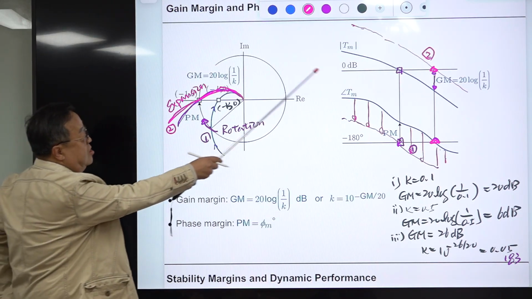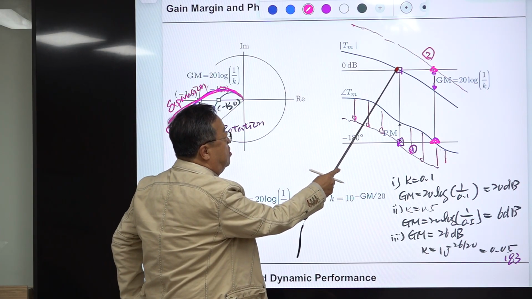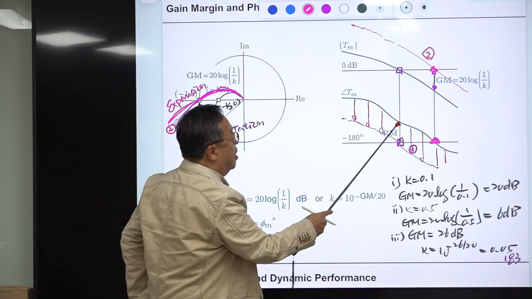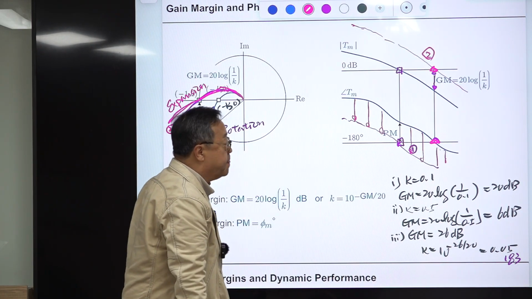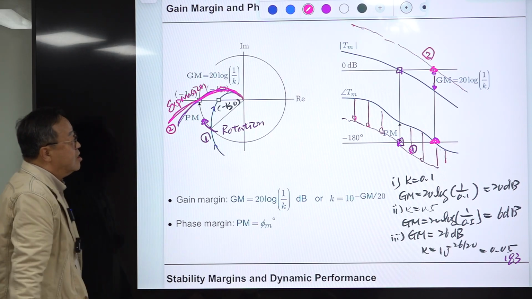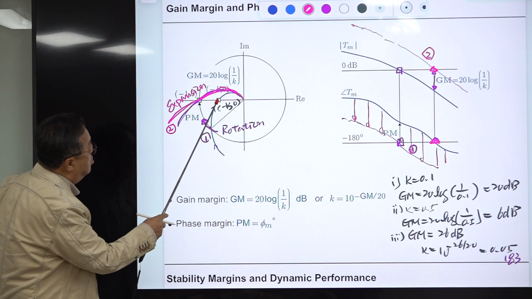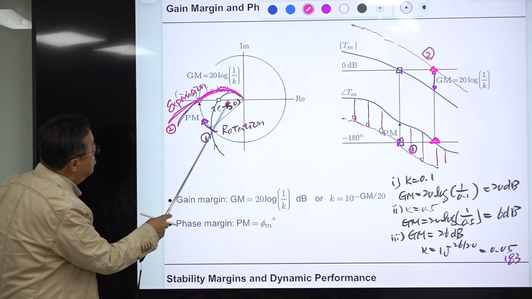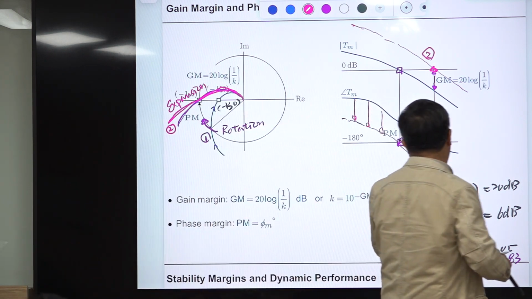So if you have this kind of Bode plot, just find this point and estimate the distance between this and this. Very easy, right? Okay. And then think about the gain margin. Gain margin is determined by the distance between this point and this point. So this crossing point on the negative real axis is determined at this frequency.